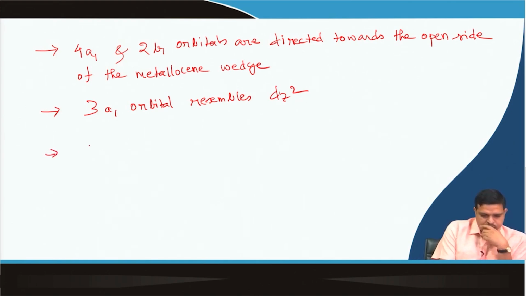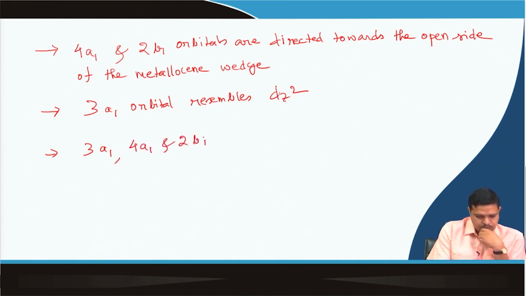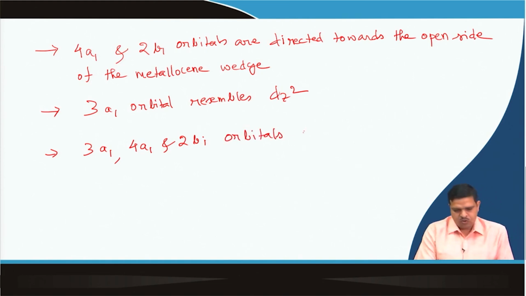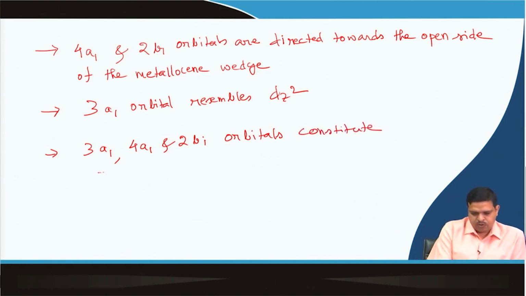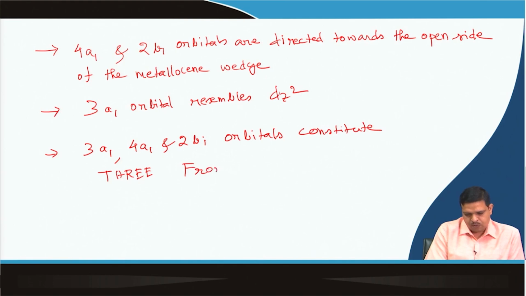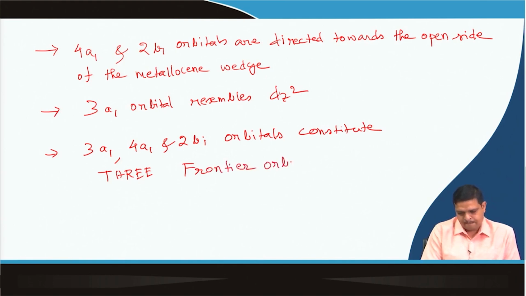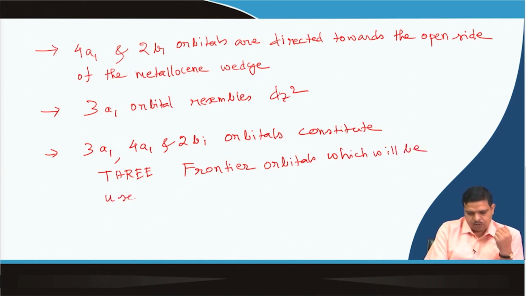So, the 3A1, 4A1 and 2B1 orbitals in the metallocene constitute three frontier orbitals, which will be used for bonding to other ligands.